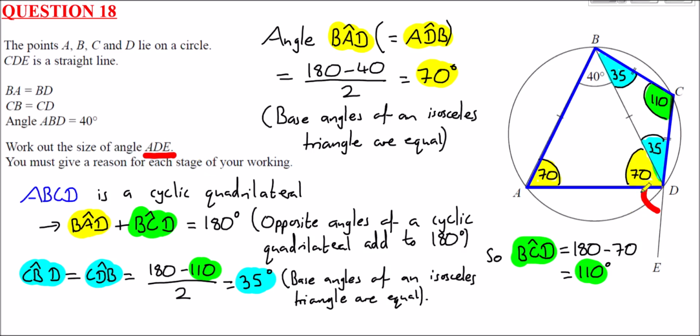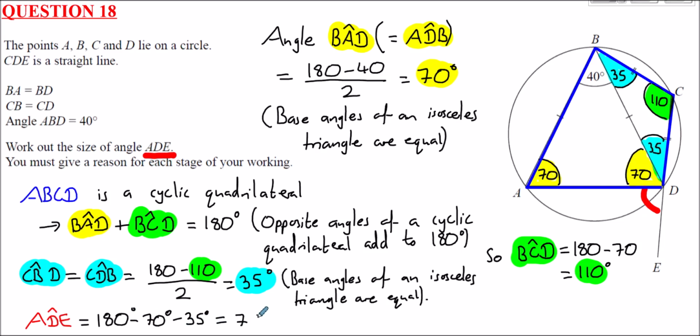Finally, we can work out ADE, because ADE is now this angle here, which forms a straight line with the 70 and the 35. So ADE, remember, from C to D to E is a straight line. And remember, angles on a straight line add up to 180. So angle ADE is going to be 180 minus this 70 degree angle minus this 35 degree angle.